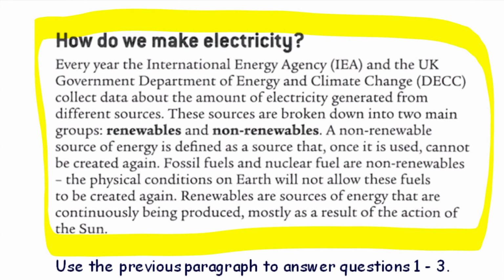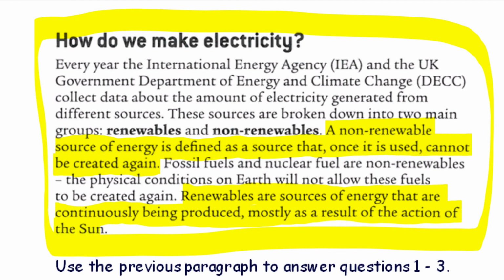And you can get the definitions here. A non-renewable source of energy is defined as a source that, once it's used, cannot be created again. It's really important you understand the difference between non-renewable and renewable sources of energy, which are continuously being produced, mostly as a result of the action of the sun.